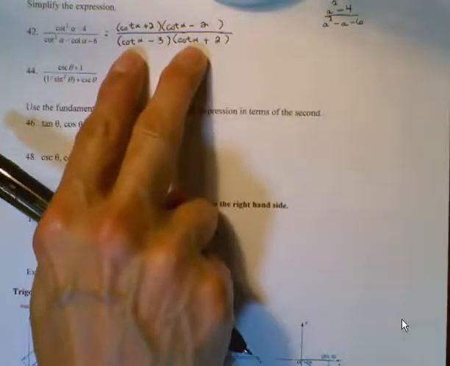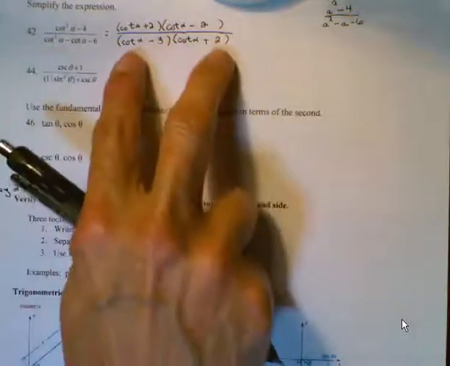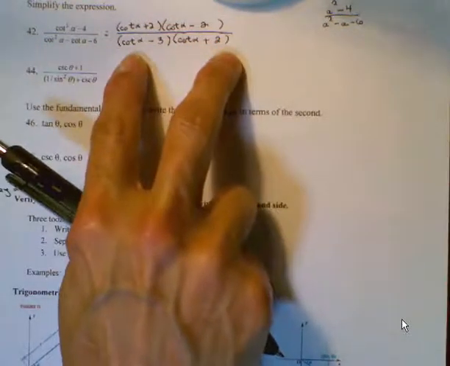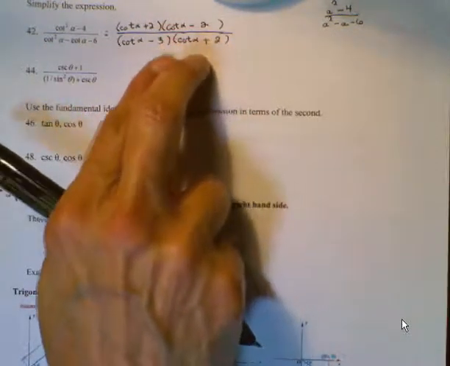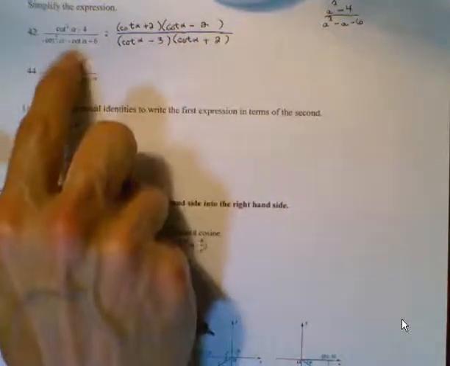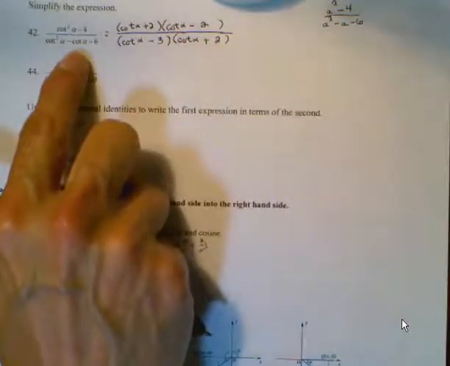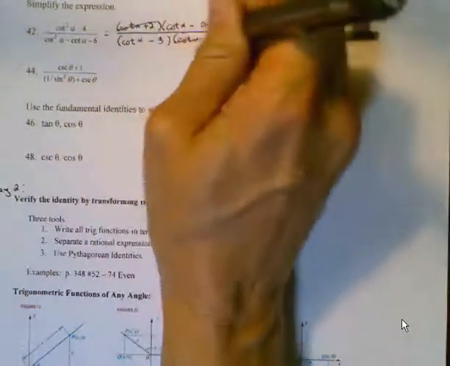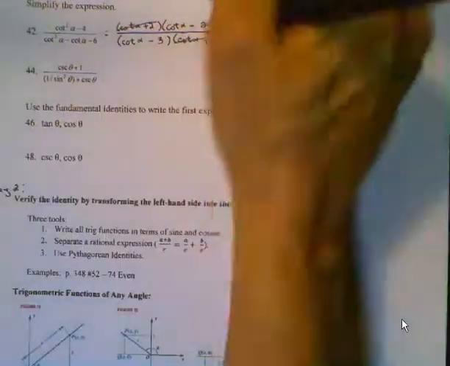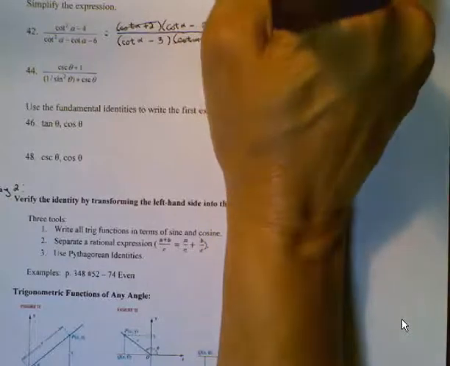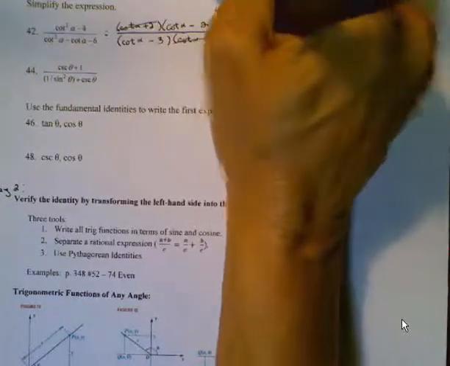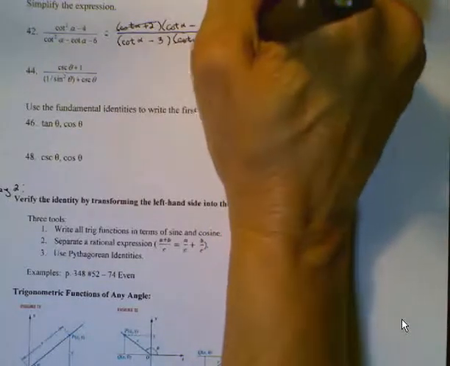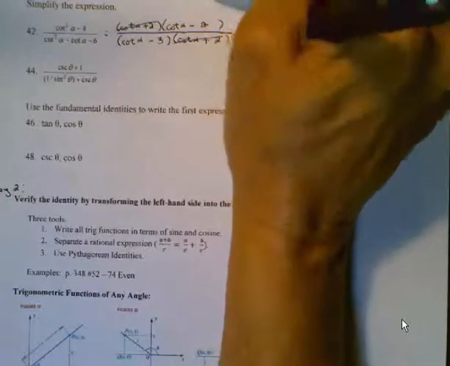First would give you cotangent squared alpha. Outer would give you 2 cotangent alpha. Inner would give you negative 3 cotangent alpha. Those combine to give you negative 1 cotangent alpha, and negative 3 times 2 is negative 6. So I'm sure I have it factored correctly, and just like algebra, I can cancel my common factors, and I'll be left with cotangent alpha minus 2 over cotangent alpha minus 3.